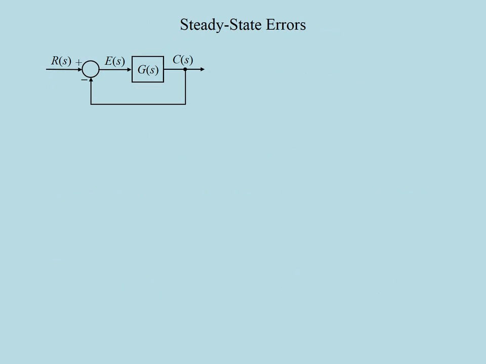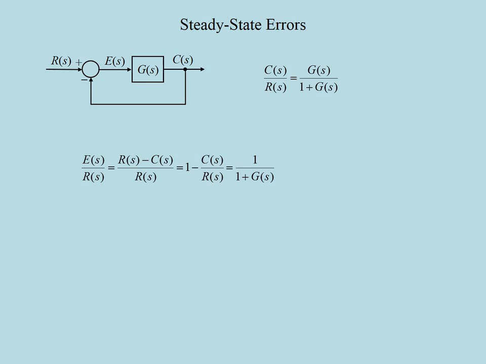To analyze steady-state errors, we shall consider a unity feedback system. So the closed-loop transfer function will be G(s) over 1 plus G(s). Since the error signal E is R minus C, the transfer function E(s) over R(s) can be written as 1 divided by 1 plus G(s). This transfer function is also known as the sensitivity function related to G(s), and E(s) can be obtained by multiplying it with R(s).